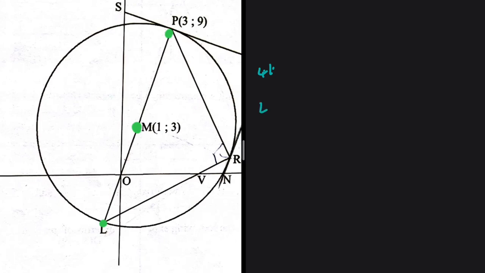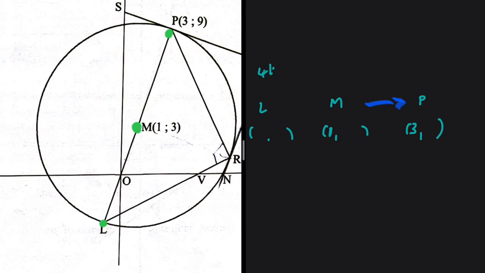So we have L, we have M, and we have P. So let's look at their coordinates, right? The x coordinate of M is 1. The x coordinate of P is 3. So the difference in the x coordinates from M to P should be the same as the difference from L to M, because M is essentially the midpoint of PL, right?